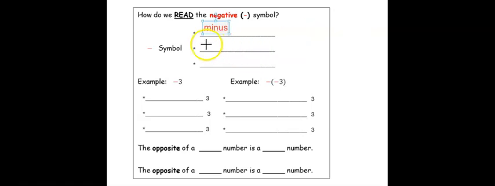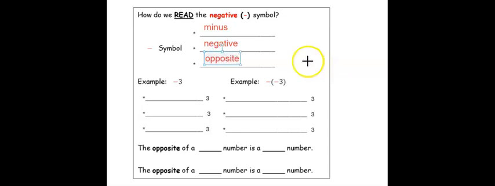Minus is a popular one when we see that negative symbol. Another popular term is just to use the word negative. And a third term that is very popular is the word opposite. We just talked about opposites.